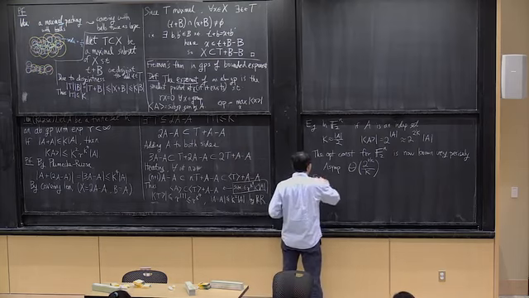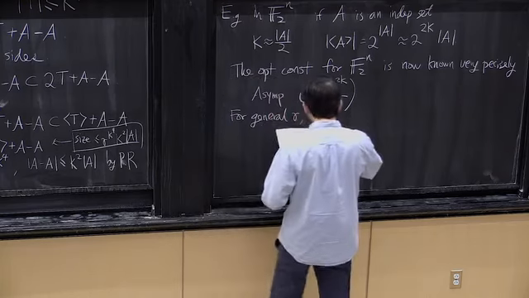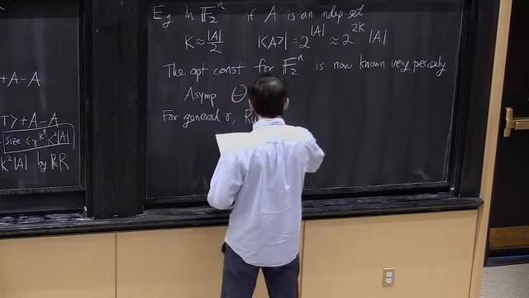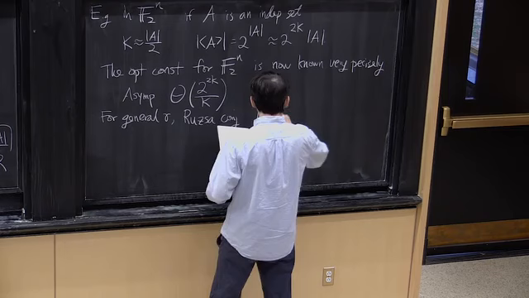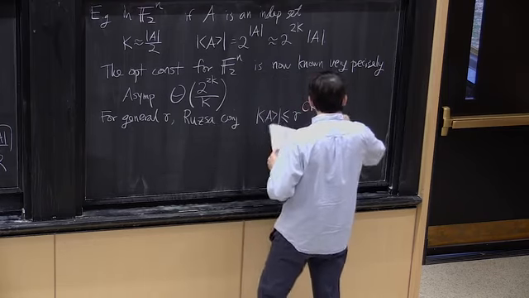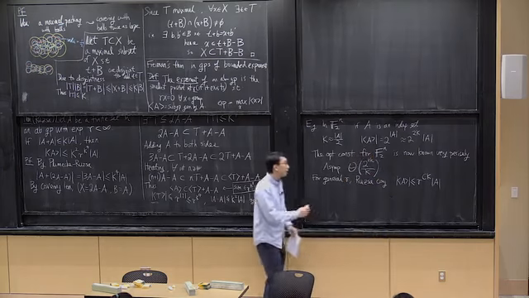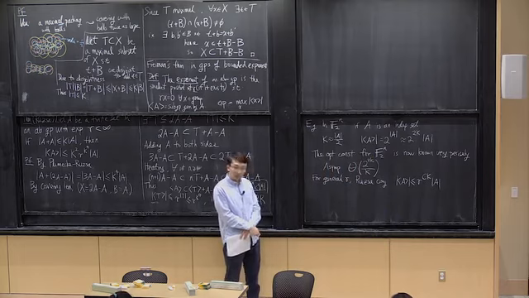For general R, we expect a similar phenomenon. So Ruzsa conjectured that in the hypothesis of the theorem, the constant you can take is only exponential in k. So R to the some constant c times k.